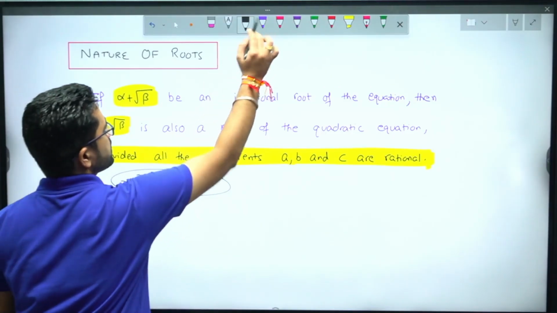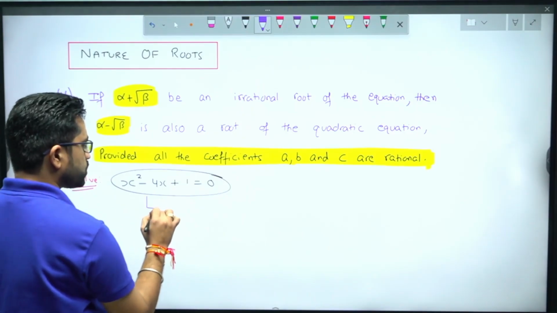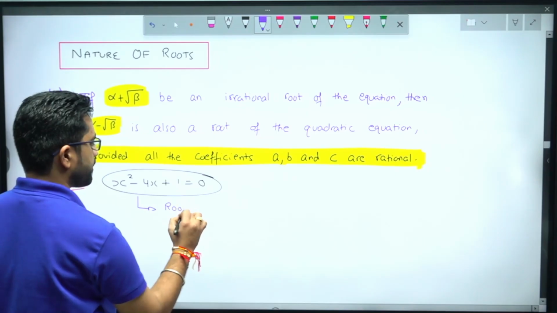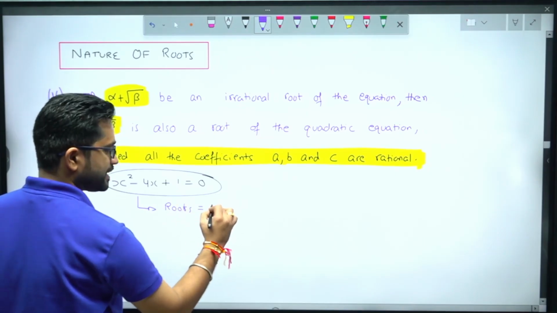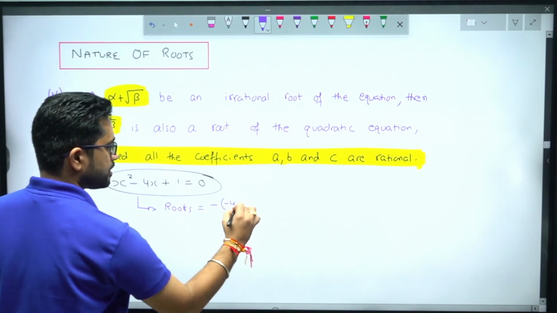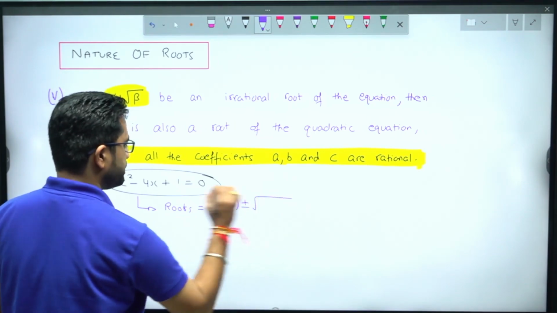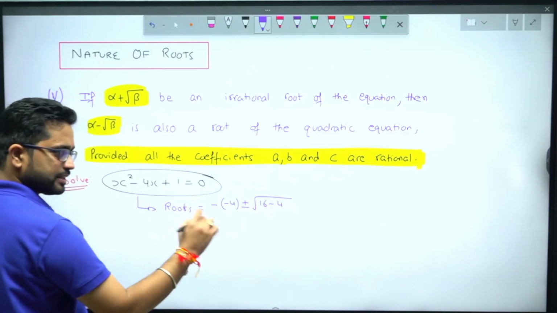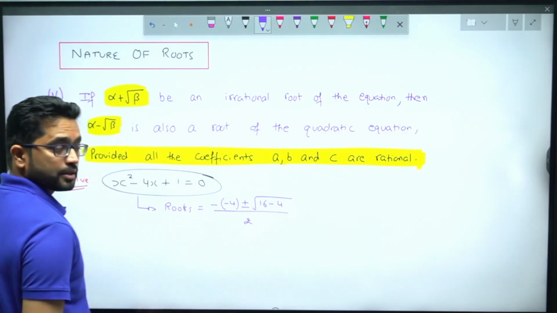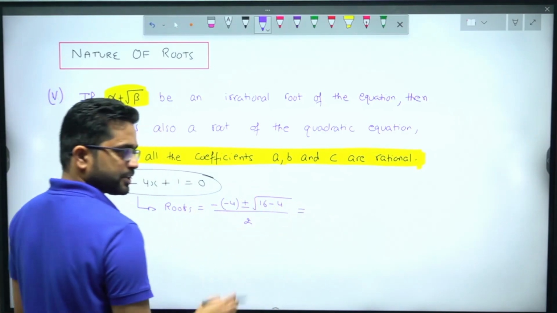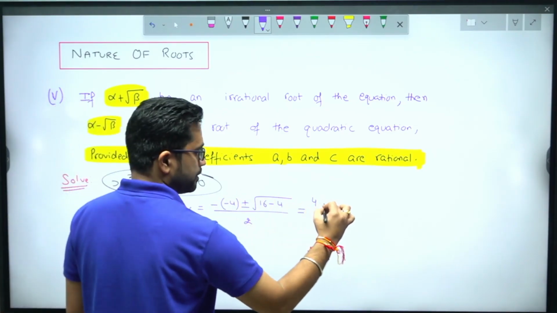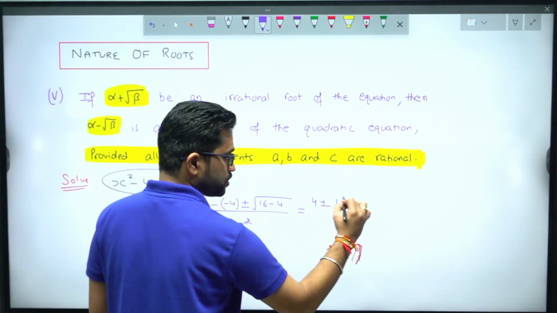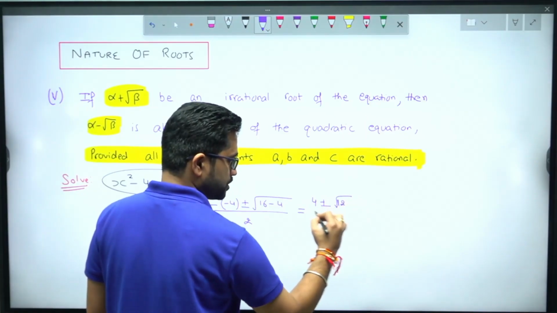What are the roots of this equation? I am directly using the quadratic formula. Roots are minus b plus minus root of b square minus 4ac, by 2a. Check the calculation. So it comes out to be 4 plus minus root 12 upon 2.